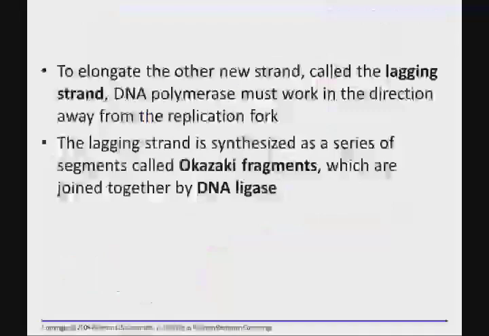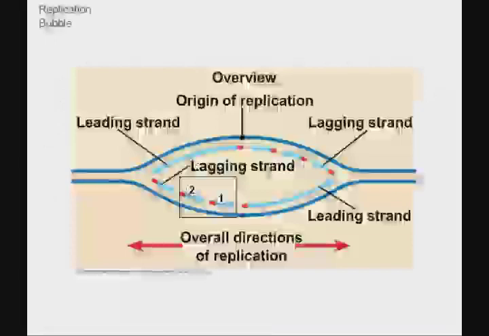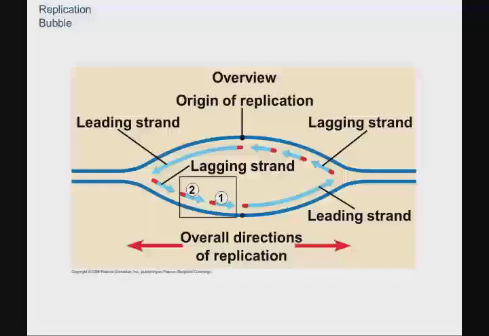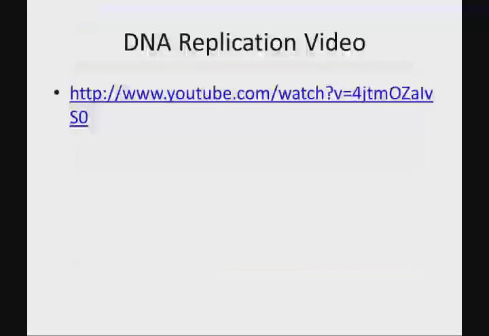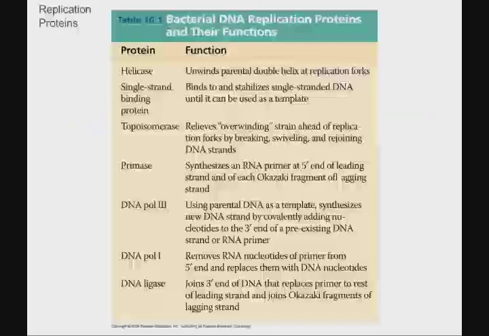Again, the lagging strand has Okazaki fragments, so the series of segments that are ultimately going to be joined together by DNA ligase. Right? So in this case, you have Okazaki fragment 1, Okazaki fragment 2. And again, if you can go back to that video, you can see definitively how that lagging strand looks very, very different as it's kind of looped around to be replicated, as opposed to the leading strand, which is kind of one continuous addition of DNA.